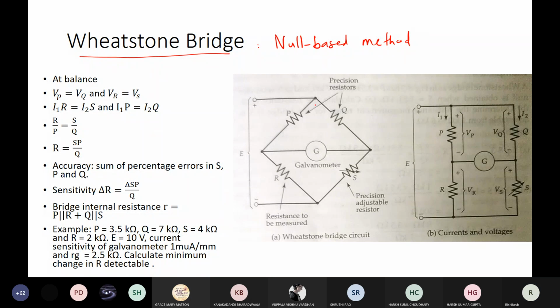In this, you have 4 resistances placed in 4 branches of the Wheatstone bridge, and the supply voltage E is applied at these 2 terminals. All the resistances are precision resistances, meaning their values are known very precisely, and one of them is a variable resistor.